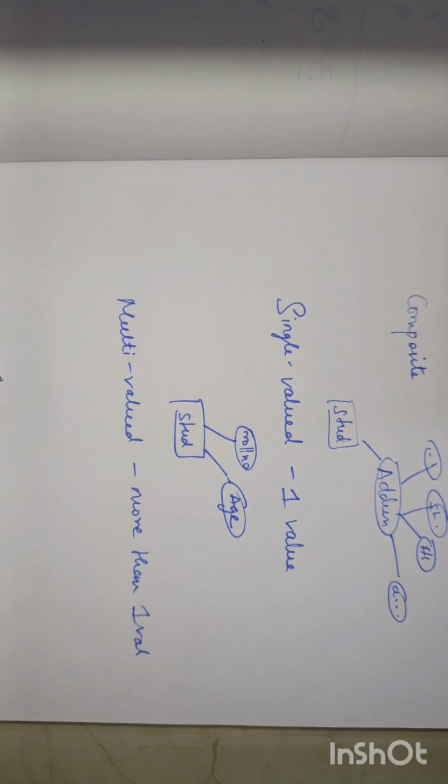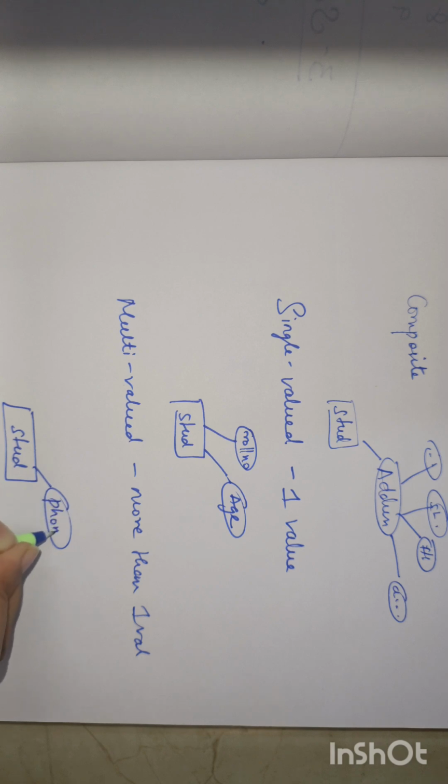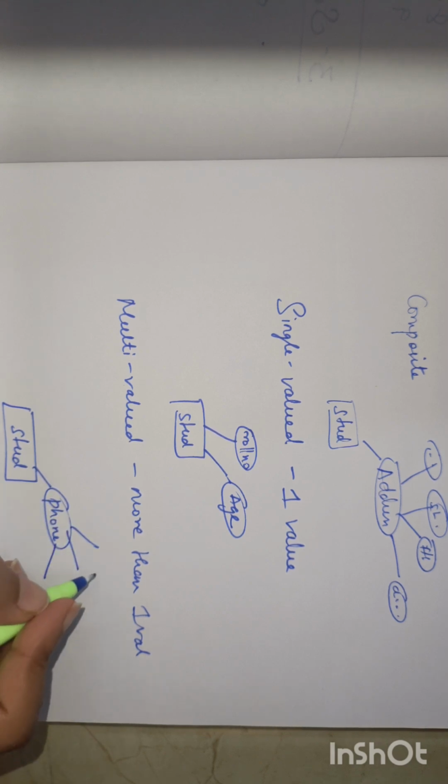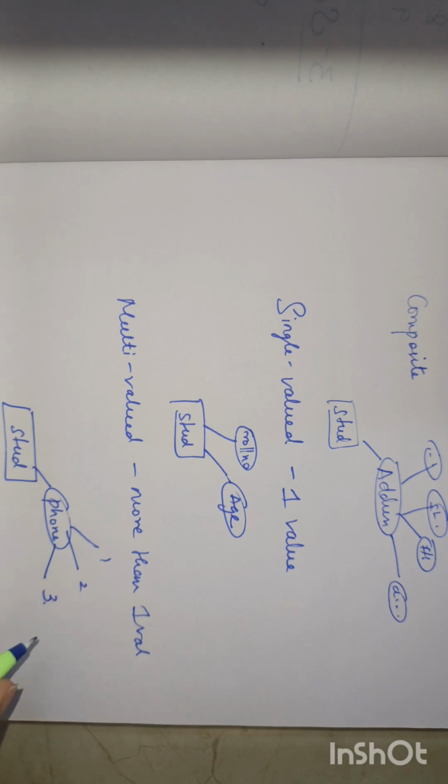For example, you can take an example of a phone number of a student. Now, this phone number can take up multiple values. For example, the student can have, say, three different phone numbers. That is represented with a double circle, which means it's a multi-valued attribute.